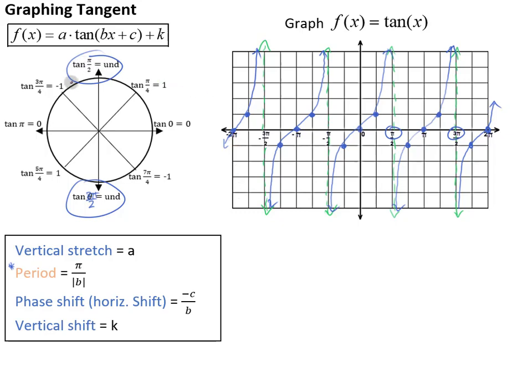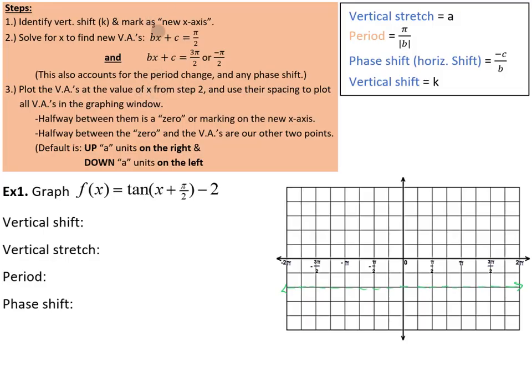Now, sometimes when I go from pi halves to 3 pi halves, I end up going out of my graphing window. As an alternative to using 3 pi halves, sometimes we can use negative pi halves, which is just going this way, pi halves. Anyway, that would be an alternate equation.